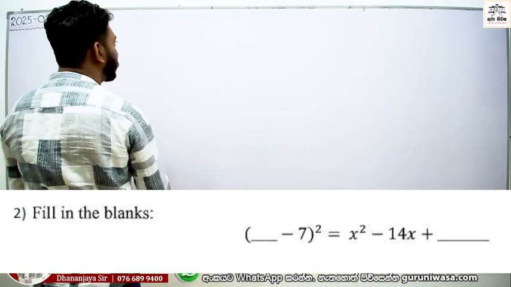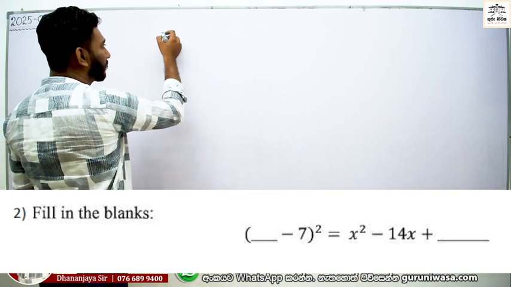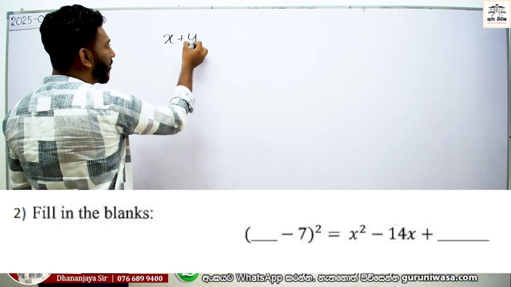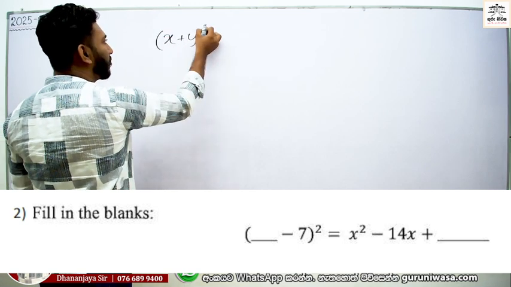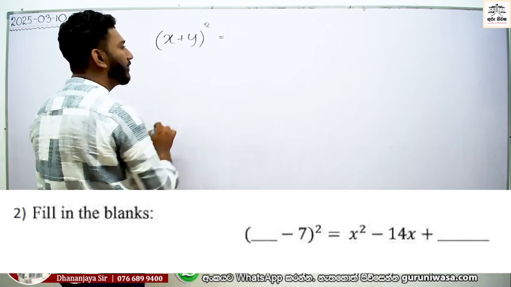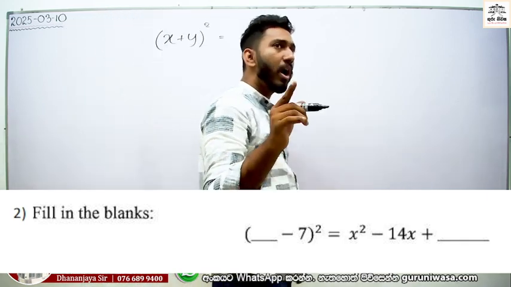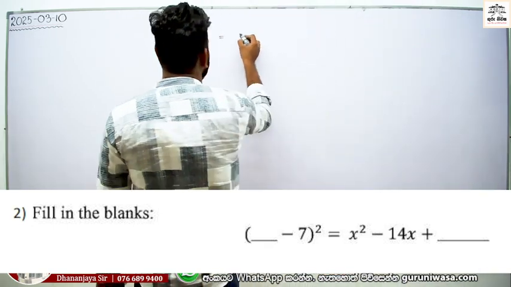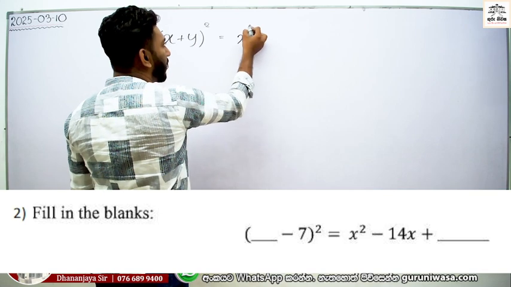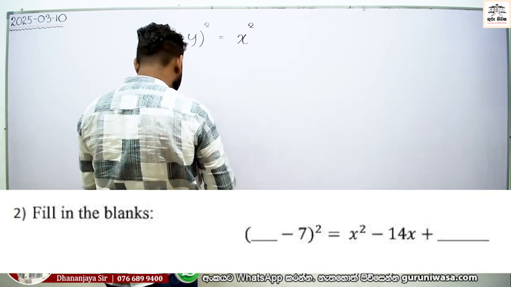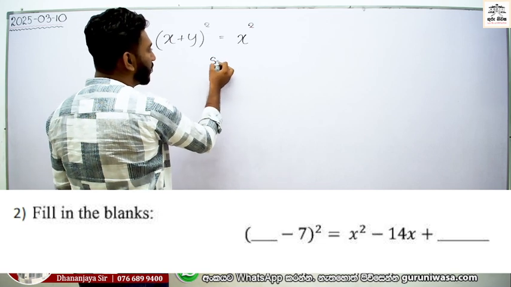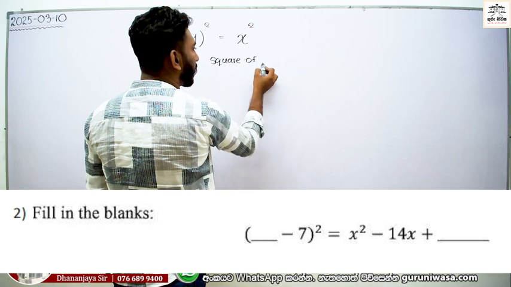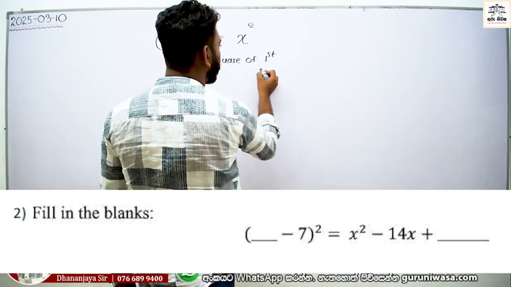Look at this. x plus y to the power of 2. This you need to remember. How should it come? The square of the first term, and the first term becomes x to the power of 2. This is the square of the first term.